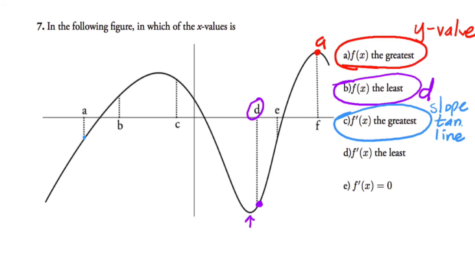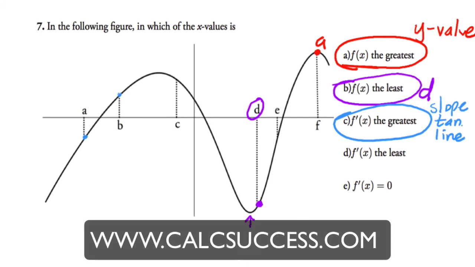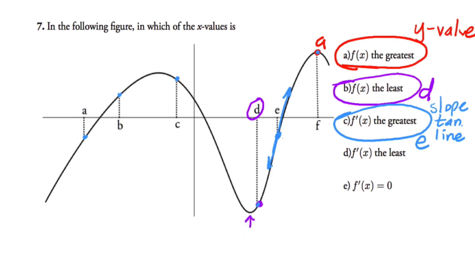So if I take a look at these points and ask where it is the steepest, I would have to say that it would be right here at E. And that makes sense because this is, remember, called the inflection point.